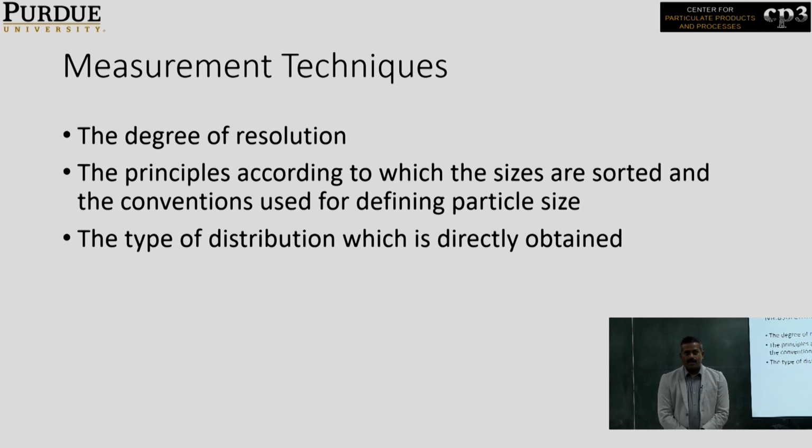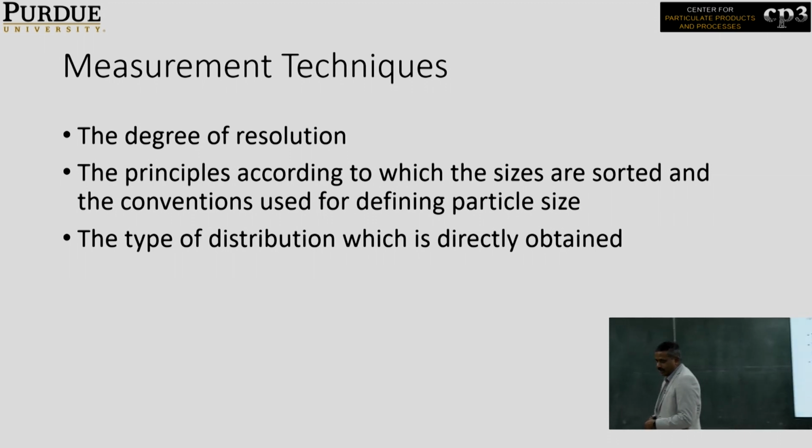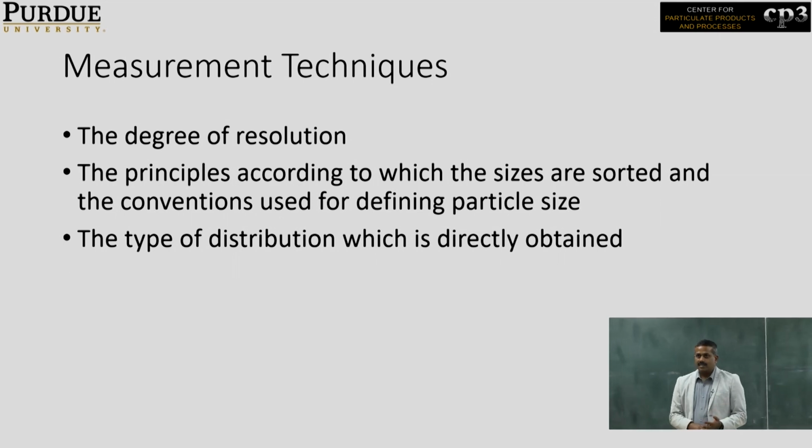But if you increase the number of particles that you are spreading on the slide, then your values will also be different. So the distribution is based on number. Based on the number of particles we use to characterize, the distribution will also change. But laser diffraction uses volume, and sieve analysis uses weight based distribution.